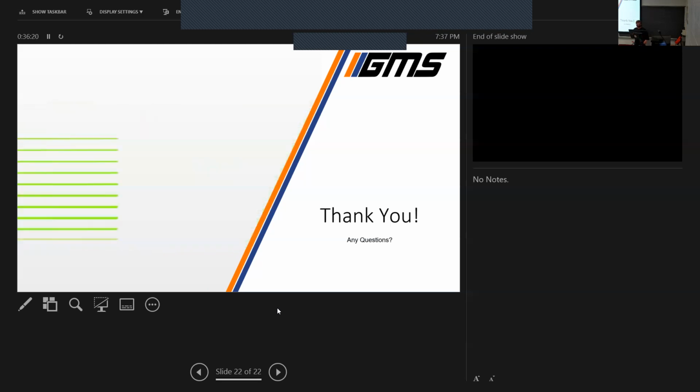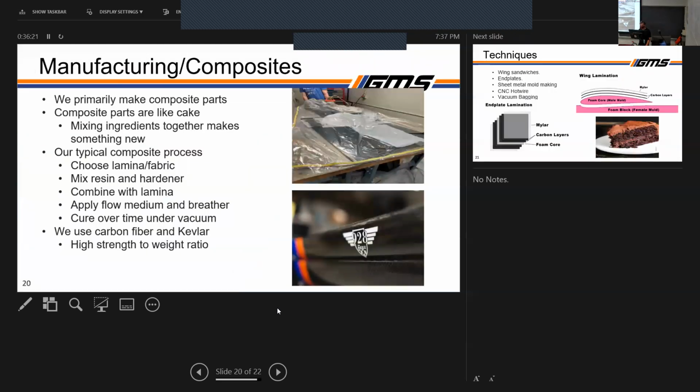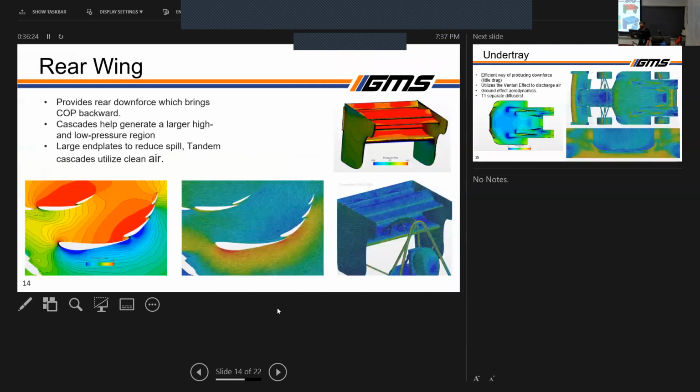For the rear wing, I'll go back to the rear wing slides. The main addition is these two tandem wings right here. You can see them up there. That was done because we found our center of pressure wasn't where we wanted it to be last year. This shows the individual streamlines of flow across the body.